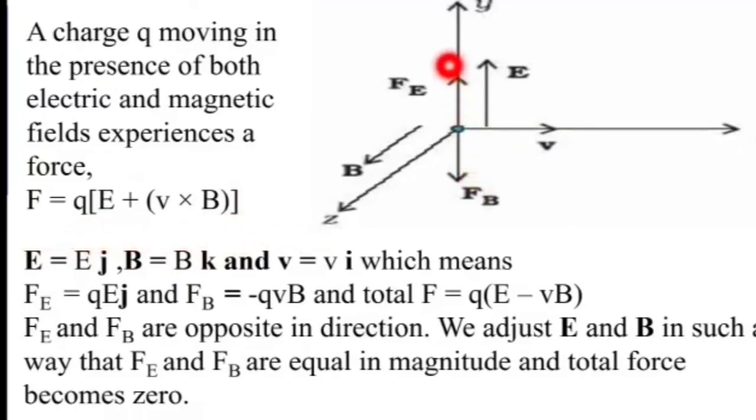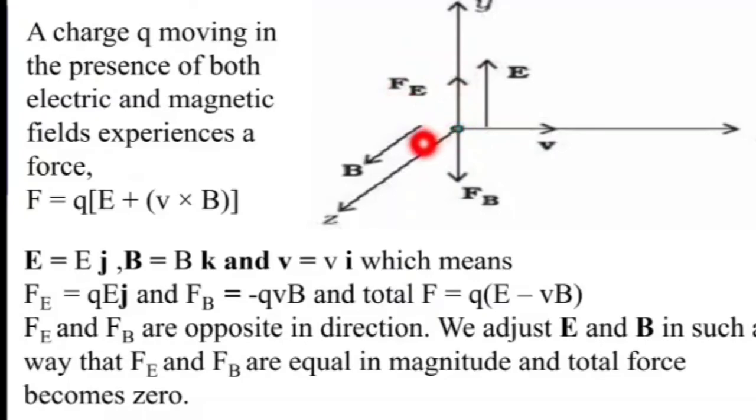So as you can see in the diagram, our velocity is considered to be along the x-axis, electric field along the y-axis, and the magnetic field along the z-axis. So we know that due to the electric field, the force experienced by the particle is the electric force, which is represented by Fe, and it will be in the direction of positive y-axis.